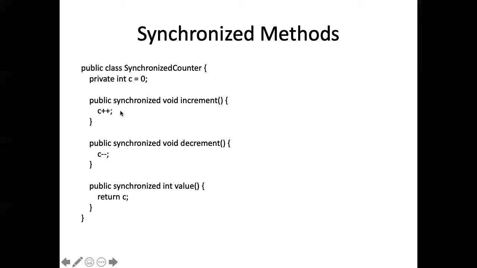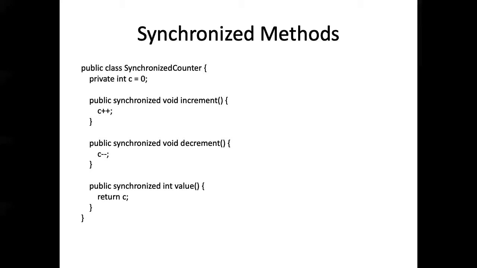Now, these are called re-entrant locks, which means that as long as you own the lock, you can call another method in this object. So for example, I could call increment, and increment could recursively call the value function to return it. That's legitimate. It's a re-entrant lock.